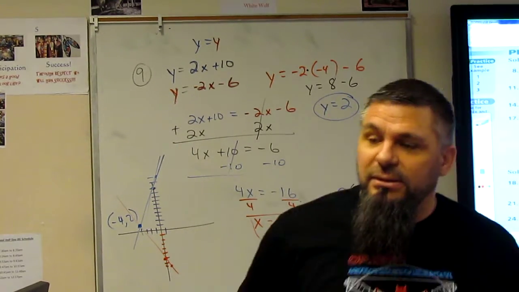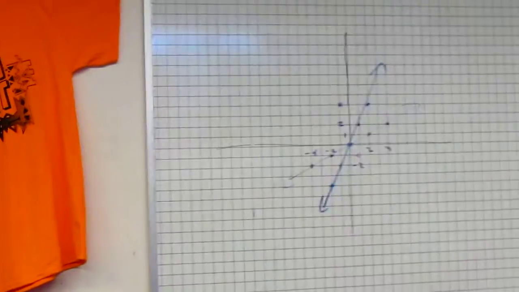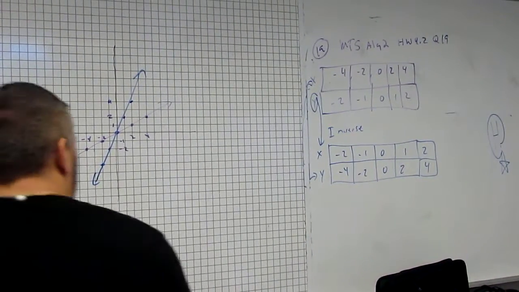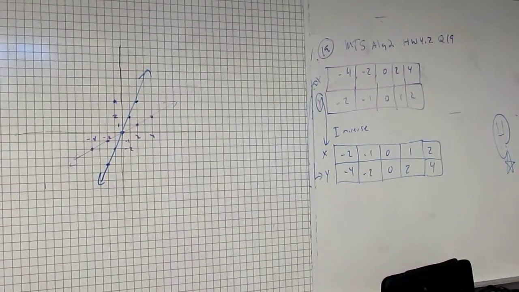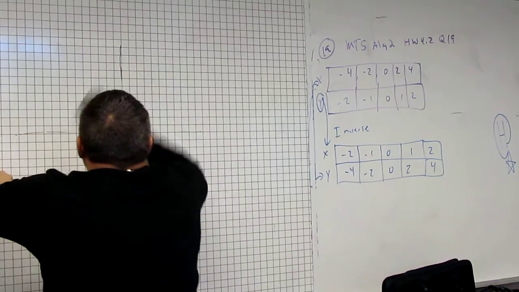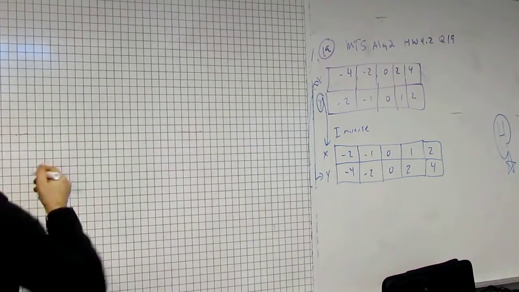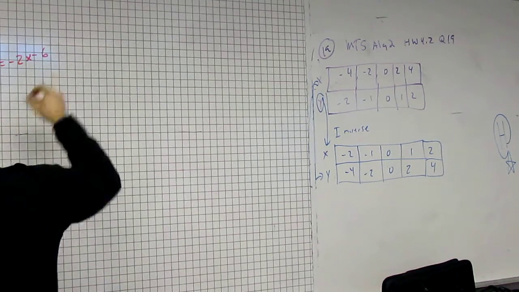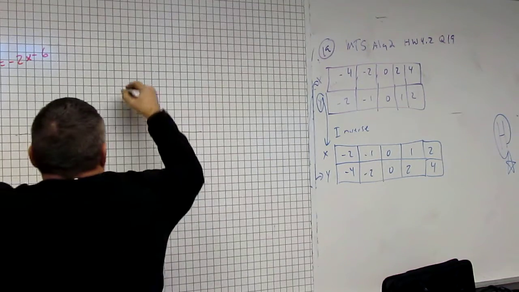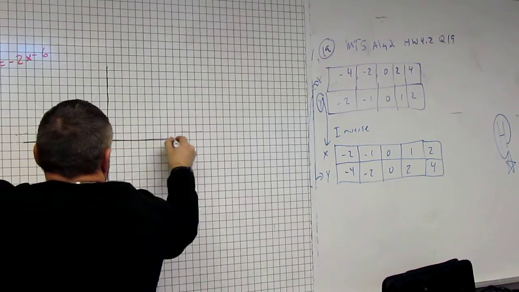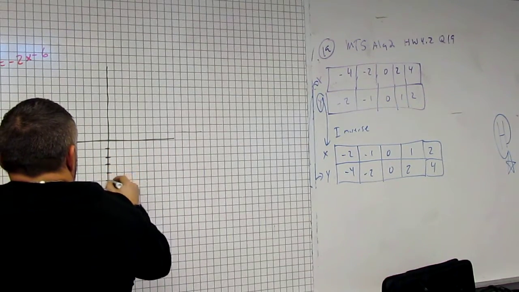Now watch this. If I come over here and I use this board, things happen a little better. If I do y equals negative 2x minus 6 and I graph it, 1, 2, 3, 4, 5, 6.